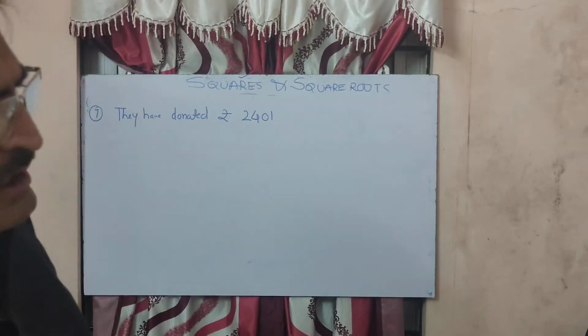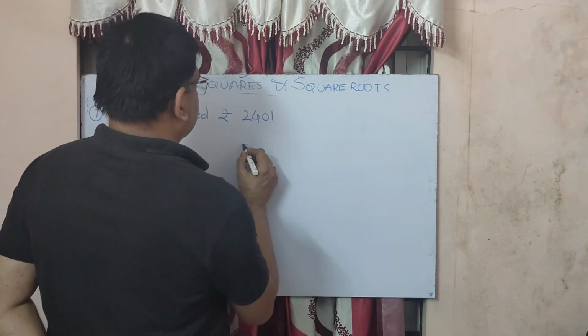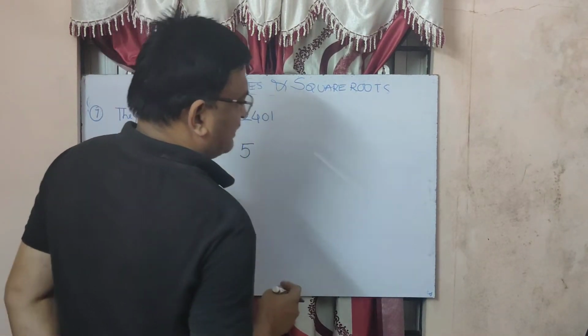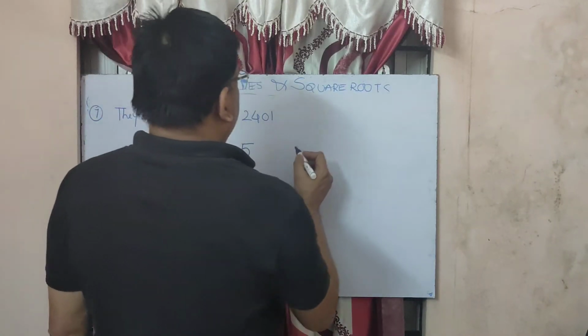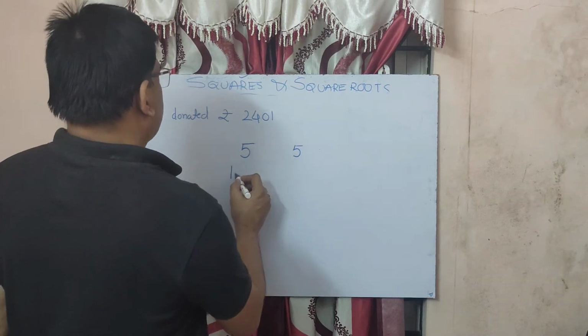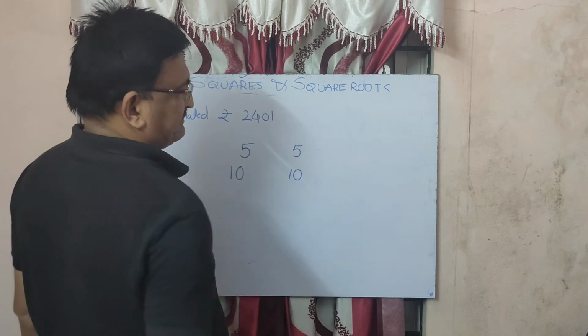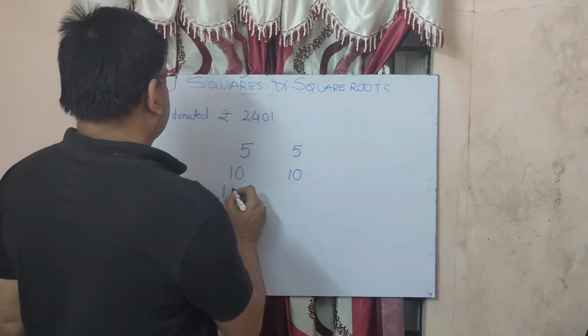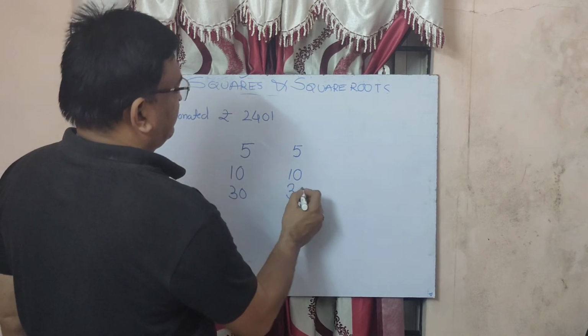So for example, if the number of students in the class is 5, then each student has paid 5 rupees. If the number of students in the class is 10, then each student has paid 10 rupees. If the number of students in the classroom is 30, each student has paid 30.